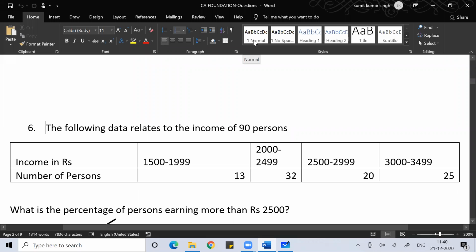See this question, question number 6. The following data relate to the income of 90. So incomes are given to you in rupees.